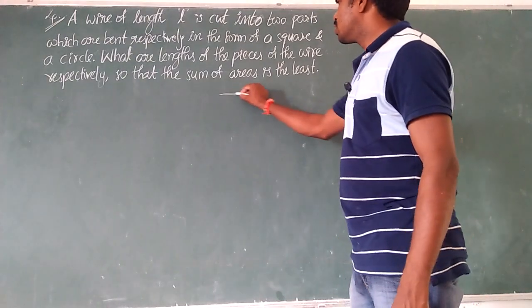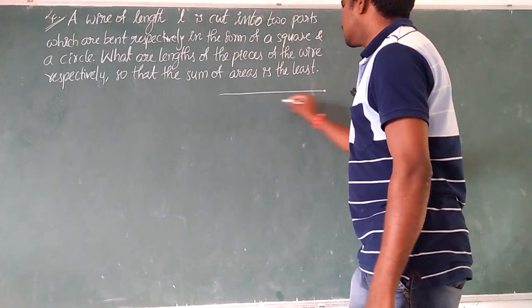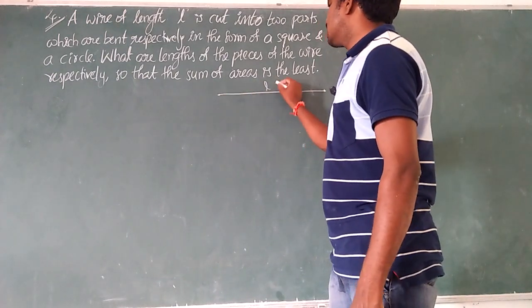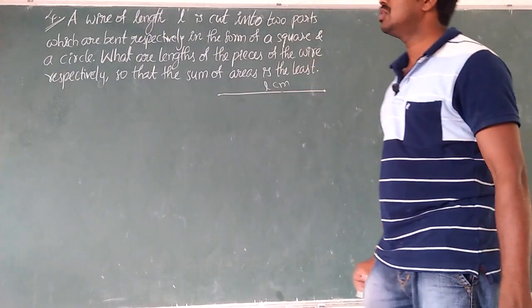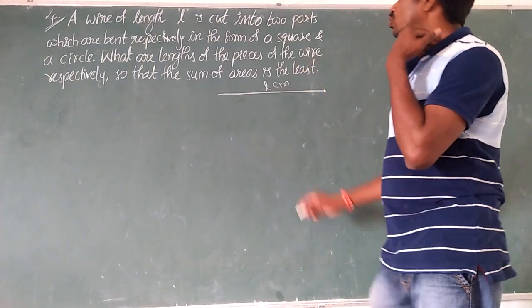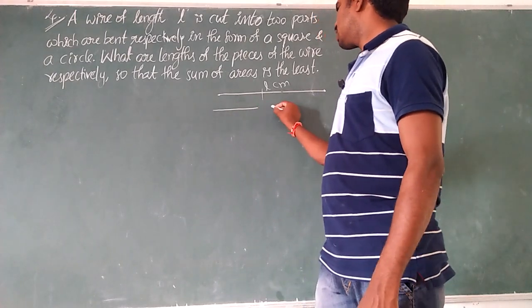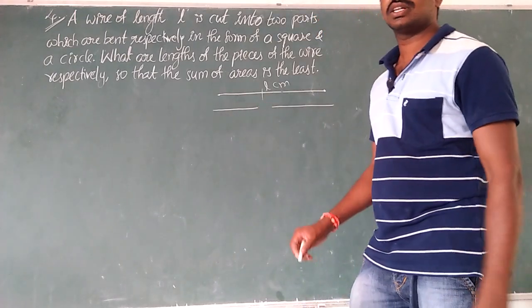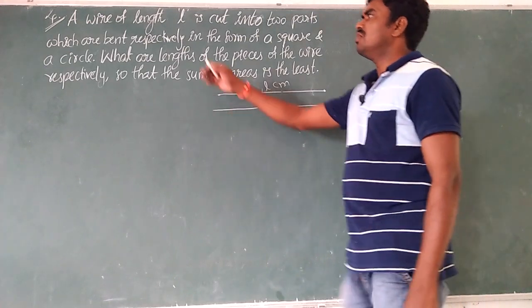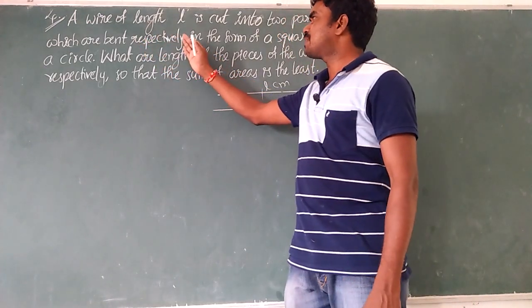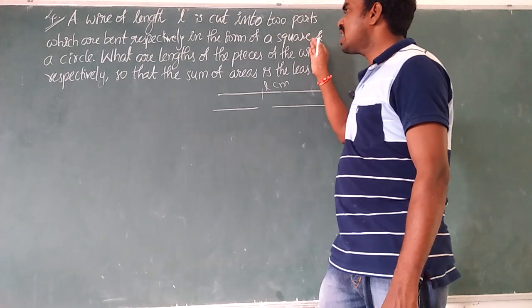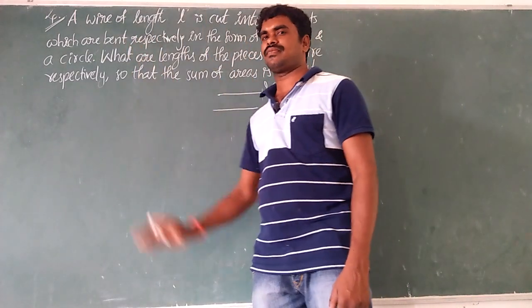Suppose it is a wire of length L centimeter, cut into 2 parts, which are bent respectively in the form of a square and a circle.